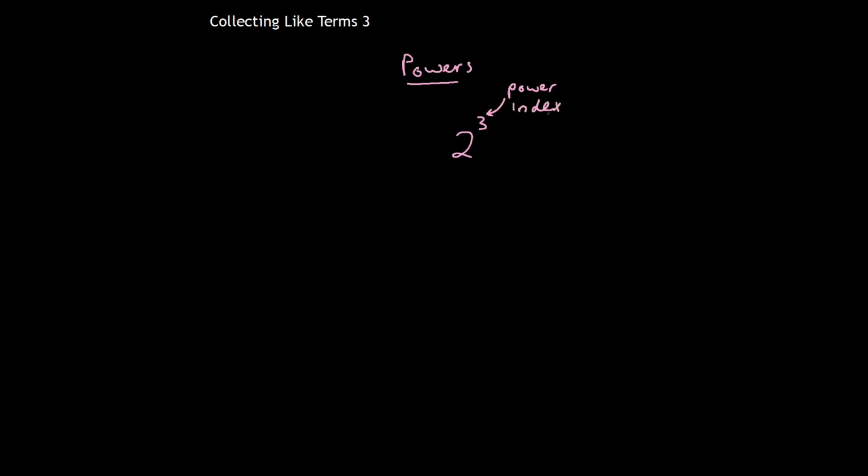The plural for that, if you have so many of them, is indices. That number there we refer to as your base. What this means is that we have 2 times 2 times 2. It's 2 cubed, to the power of 3, or 2 cubed.